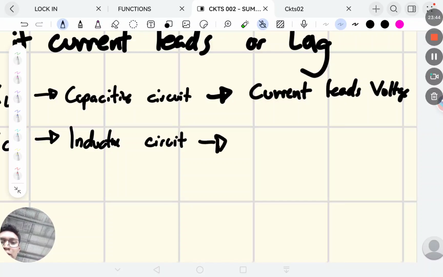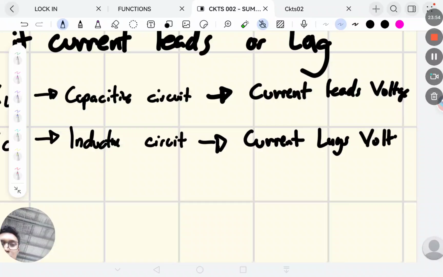Pag inductive circuit siya, current lags voltage.